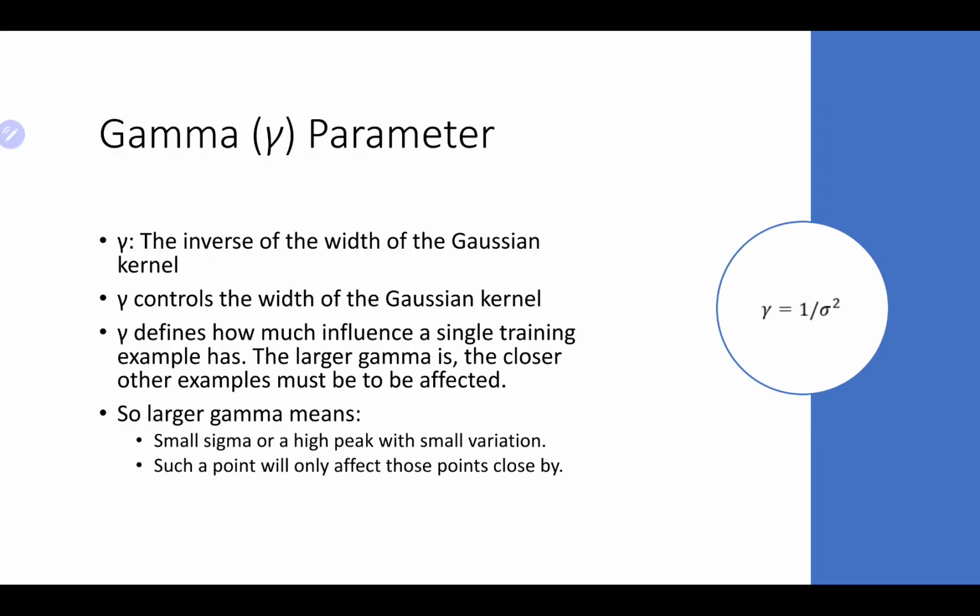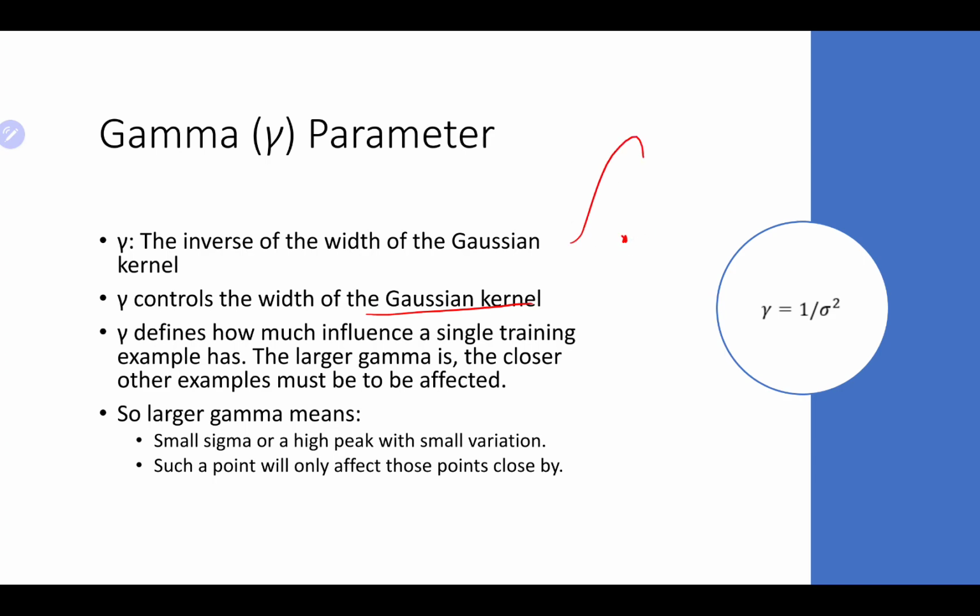The other parameter that's important is the gamma parameter. This is related to the Gaussian kernel. When we apply the RBF kernel, the radial basis function, or the Gaussian kernel, same thing, we need to include the idea of tuning the gamma value. It basically controls the width of the Gaussian kernel. You can think of a Gaussian kernel as a normal distribution.